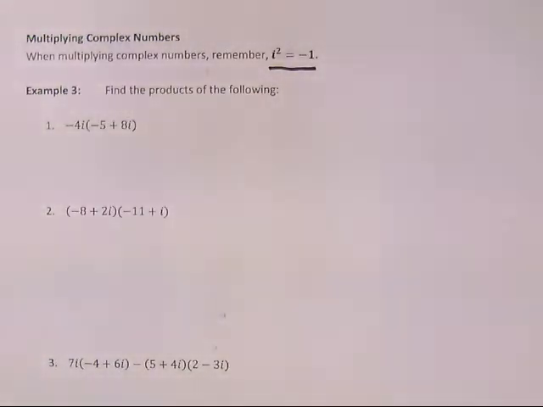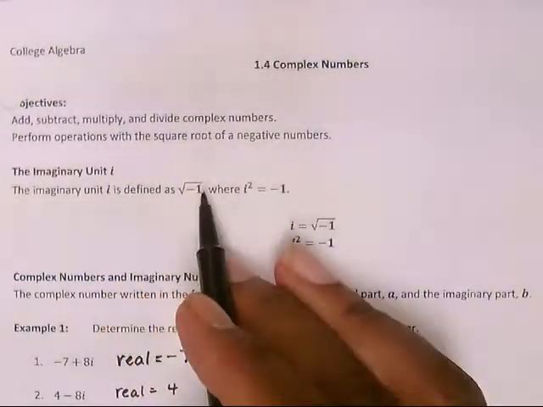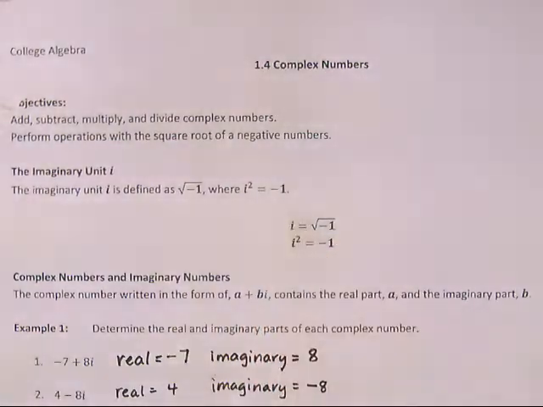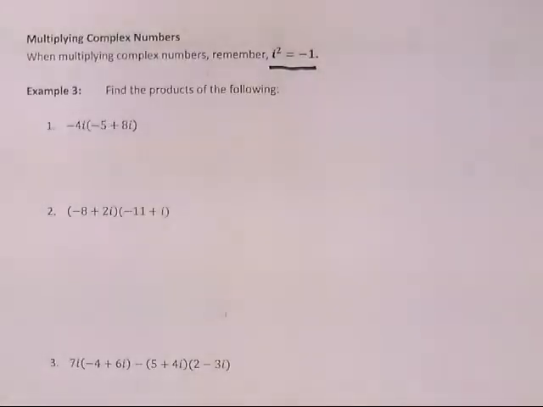So you want to replace any occurrences of i squared with negative 1. And that's because our imaginary unit is the square root of negative 1, where i squared equals negative 1. So everywhere you see i squared, you have to replace it with negative 1.